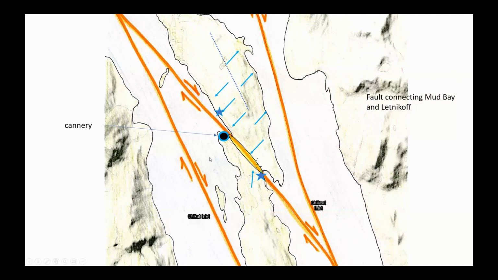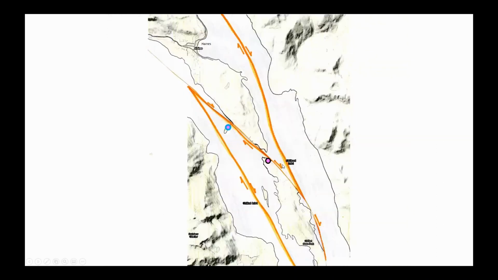So on this side, it's moving to the northwest compared to this side, which is relatively moving to the southeast. Okay, so we're going to go back in time. So imagine that this dot is the cannery, and I don't know how long ago this is. We don't have all the puzzle pieces yet, but I'm pretty sure this is a story that I've put together. I'm pretty sure this is what happened. I just don't know the timing.